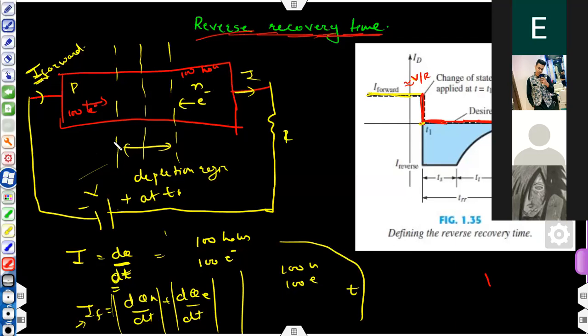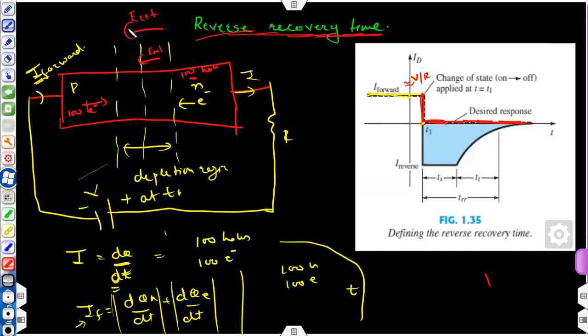Because of this, there will be two electric fields: one was already there, E internal, and now you have E external. These two electric fields will force these holes to move back again into the P region, and these electrons to move back again into the N region. Initially they were in a free state, and because of this electric field they will be forced back.